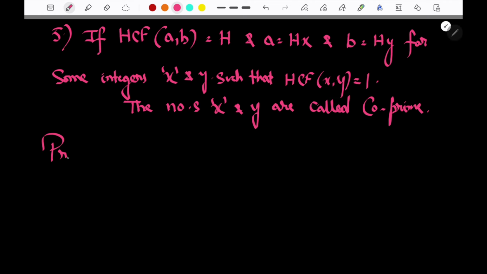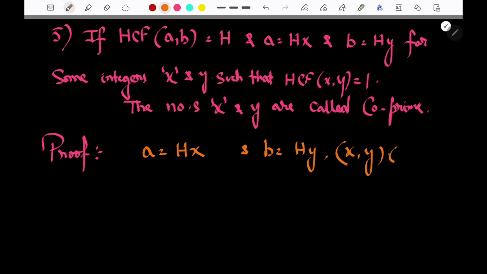But if you say to generalize it, I can generalize with the help that A is equal to hx is written and B is equal to hy is written, where x comma y belongs to the set of integers. What we are required to prove is HCF of x comma y is equal to 1.